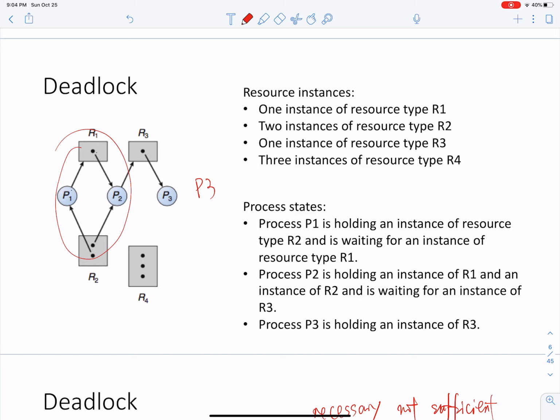After P3 finishes its execution, P3 can release R3. Then we can let P2 grab R3, so that P2 already grabs all the resources that it needs. Then P2 can execute. After P2 finishes, it's going to release R1, so in this case R1 goes to P1. So P1 can also execute. So there is no deadlock.